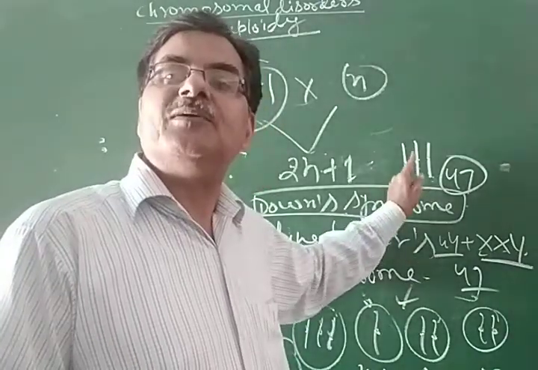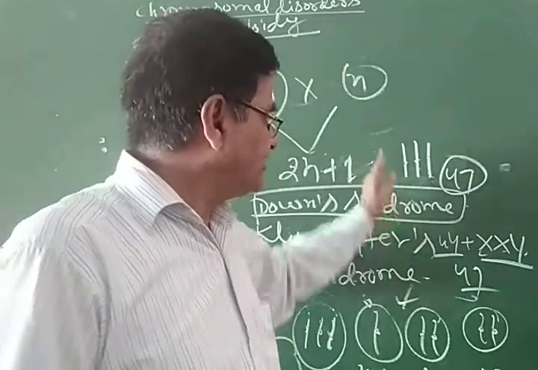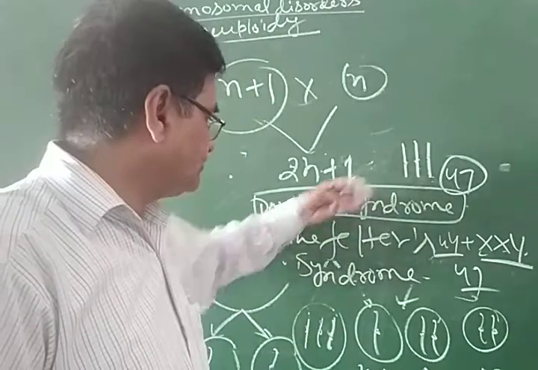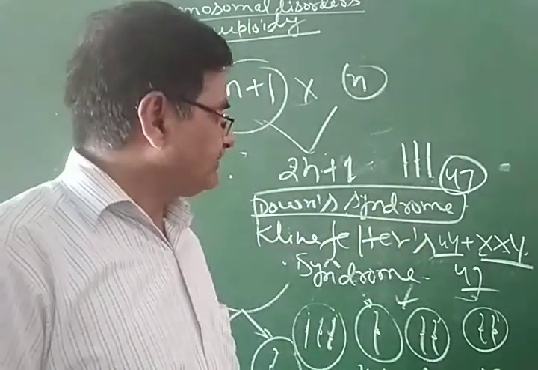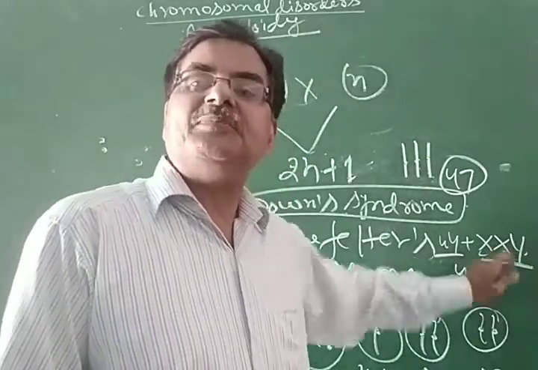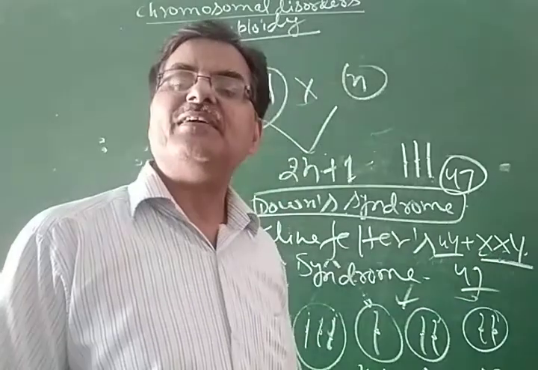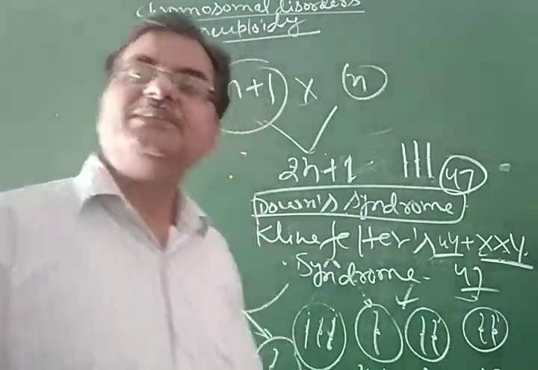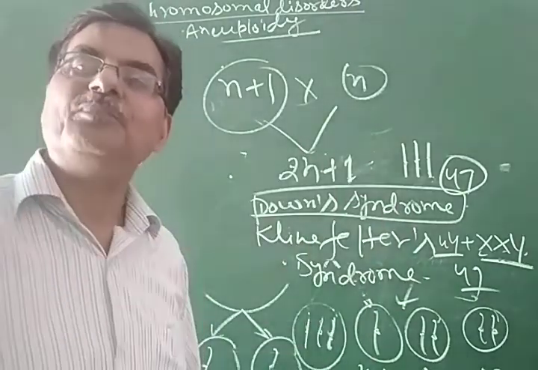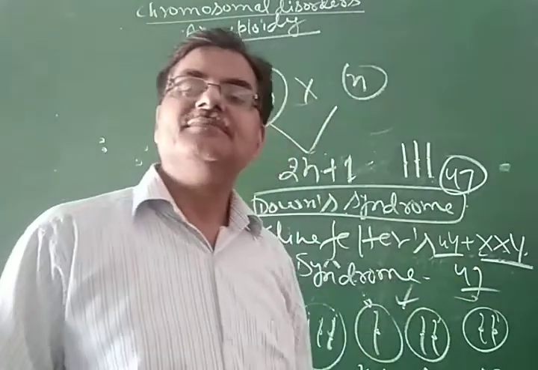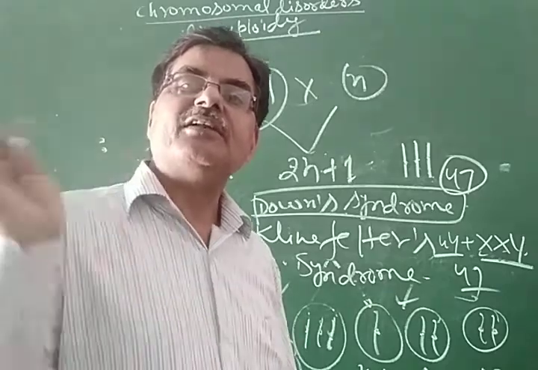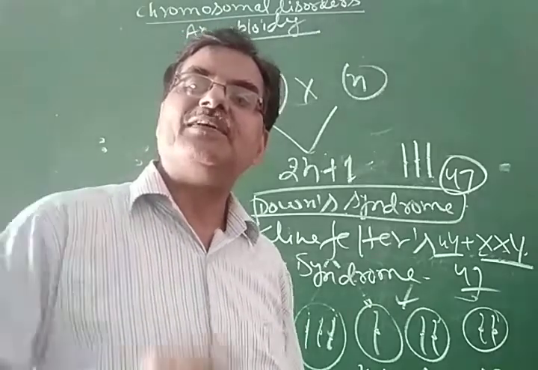Here in Down syndrome the 21st chromosome is increased. Both are trisomic conditions. In Klinefelter syndrome, externally it is male, but it is a sterile male condition. Likewise in Turner syndrome there is only one X chromosome, so it is a sterile female condition, while here there is XXY, a sterile male condition.